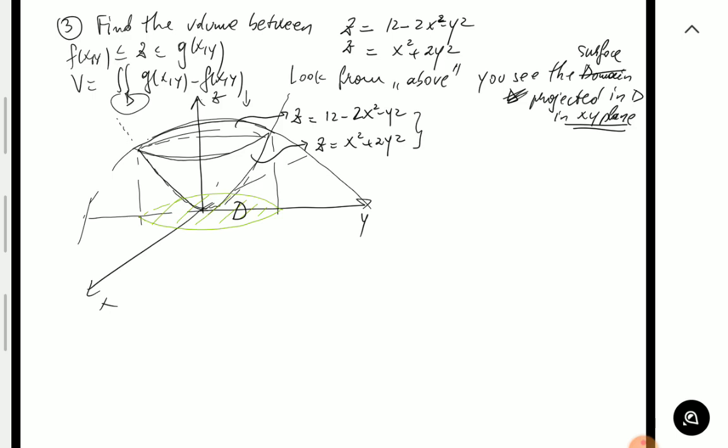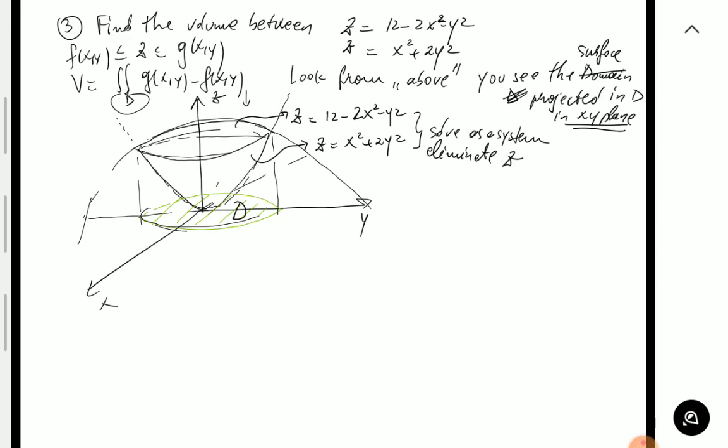You're going to solve as a system and eliminate z, because you need to figure out the relationship between x and y. That's what gives you the description of the domain. Actually, when you do the intersection, you're going to find the boundary of the domain, because obviously the surfaces project not just on the boundary of that domain, but also on the inside. It's going to be a disk, not just a circle.